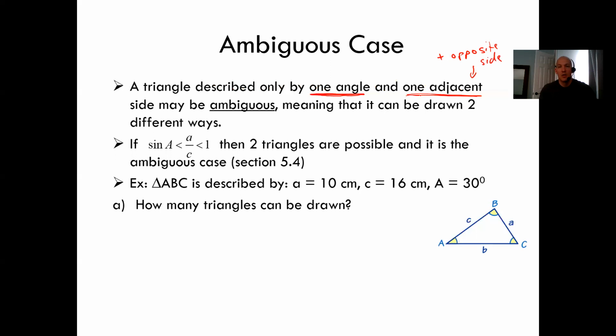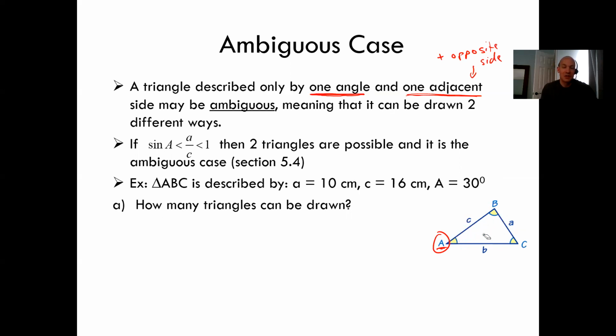So it's one adjacent and one opposite side. So what we have here is triangle ABC is described by blah, blah, blah. How many triangles can be drawn? In this case, we're given A, we're given c, and we're given side a over here. So we've got an angle, we've got an adjacent side because it's touching it, and then we've got an opposite side that's all the way across.